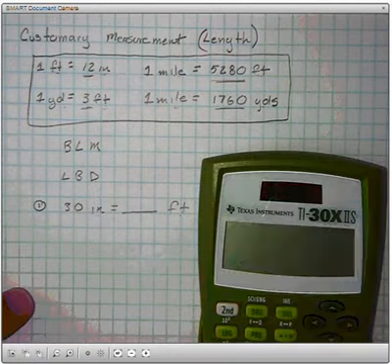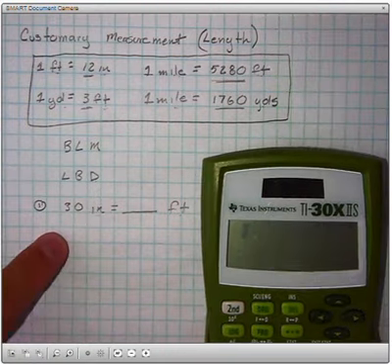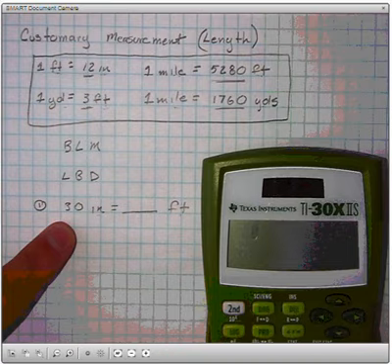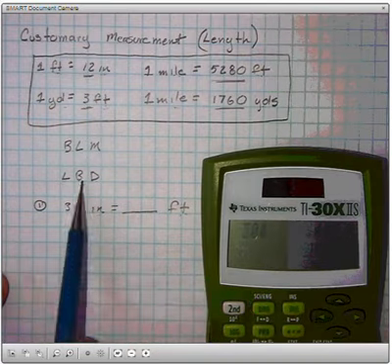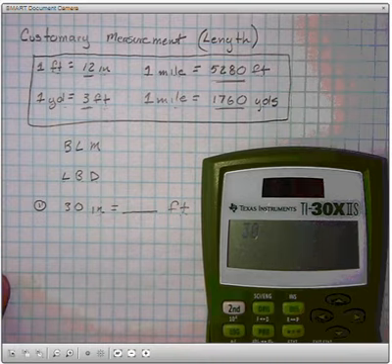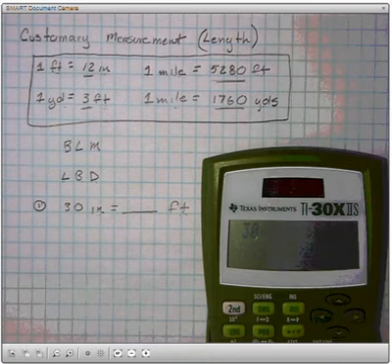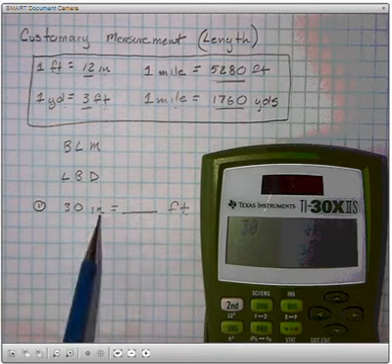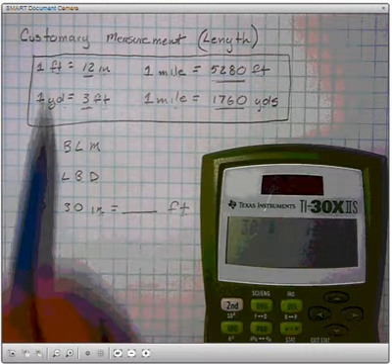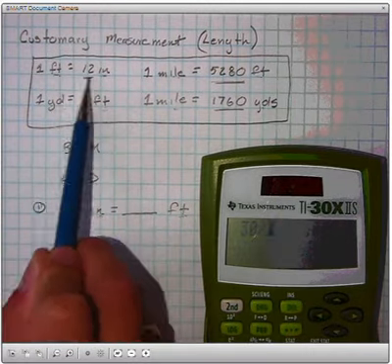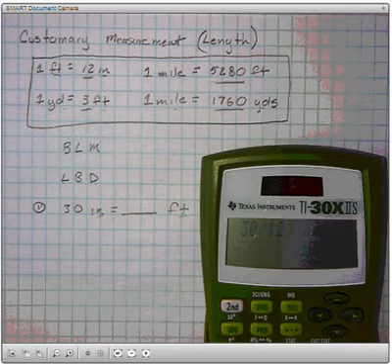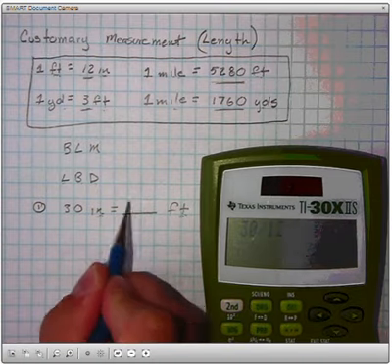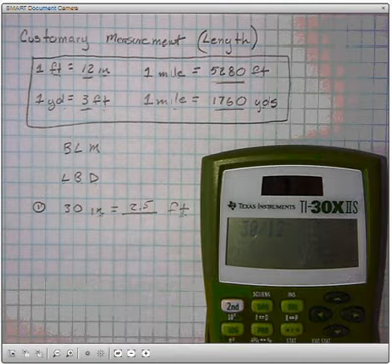So you're going to take 30, and because you're going from little to big, you divide it by the conversion factor. This is inches to feet, feet to inches, so we're going to use our feet to inches conversion, which is 12, and that gives us our answer, which is 2.5.